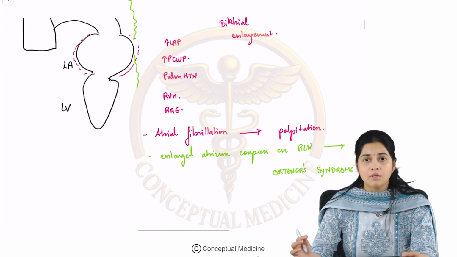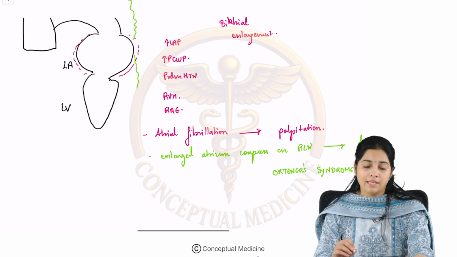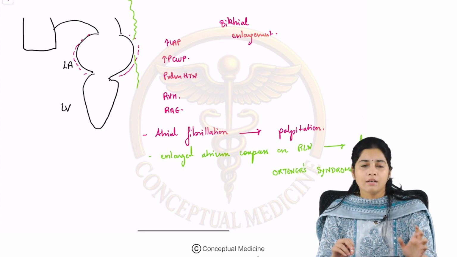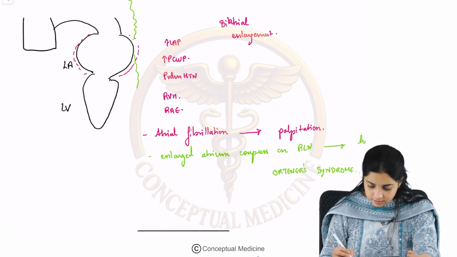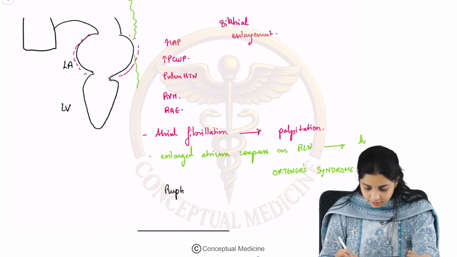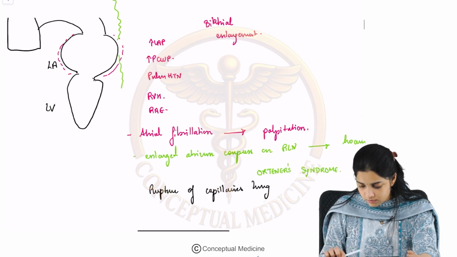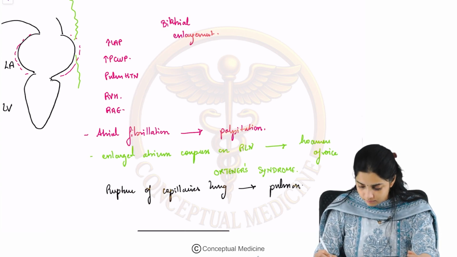Now, as we all know, there will be development of pulmonary hypertension and pulmonary edema, and also the capillaries in the lung are under high pressure. So this can lead to rupture of the capillaries in the lung, which results in what we call as the pulmonary apoplexy.